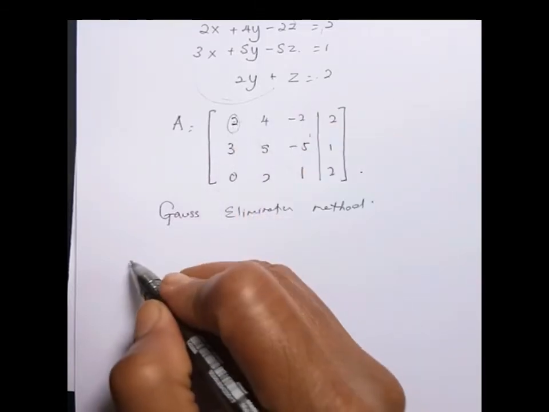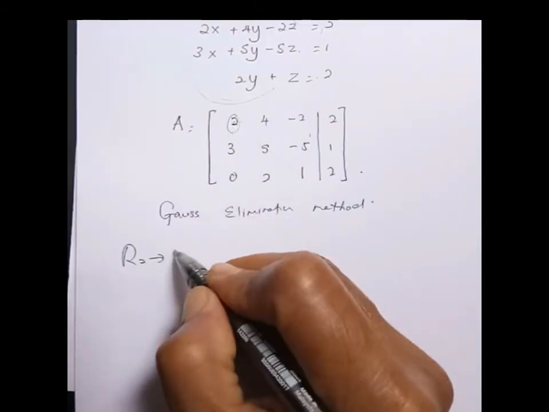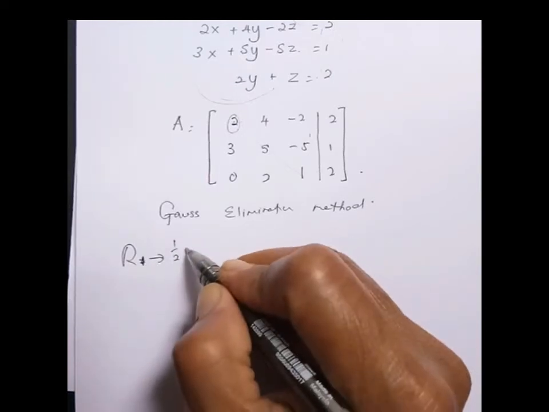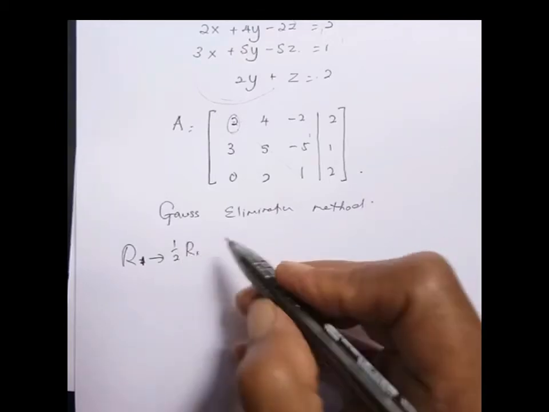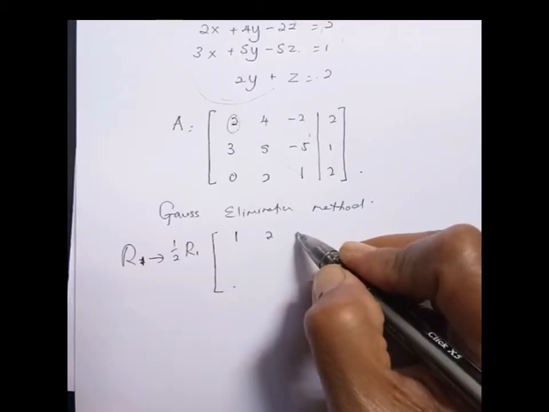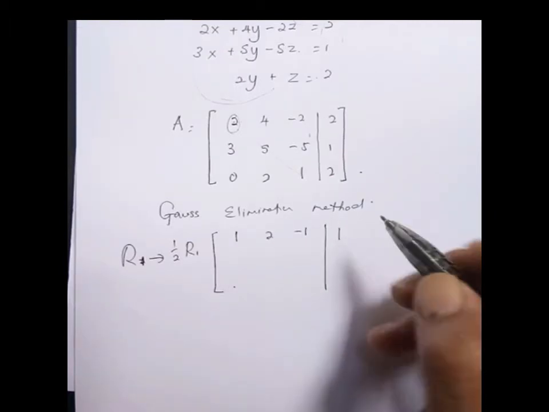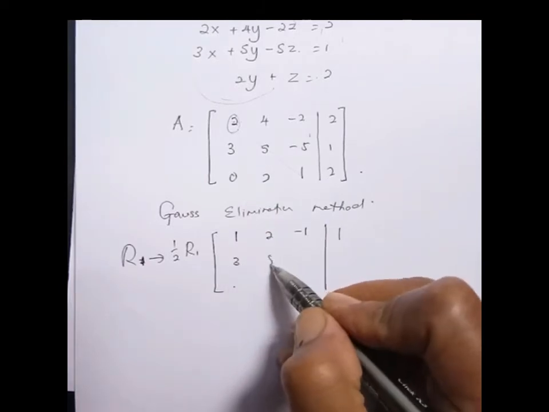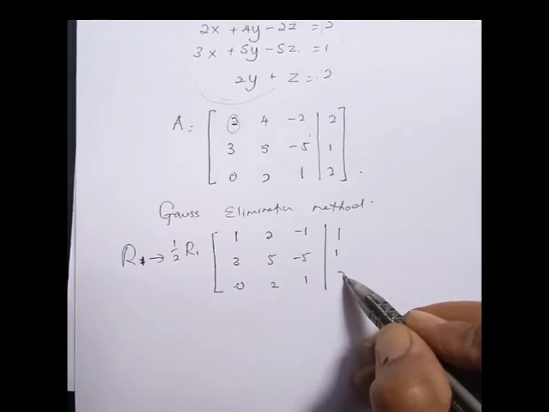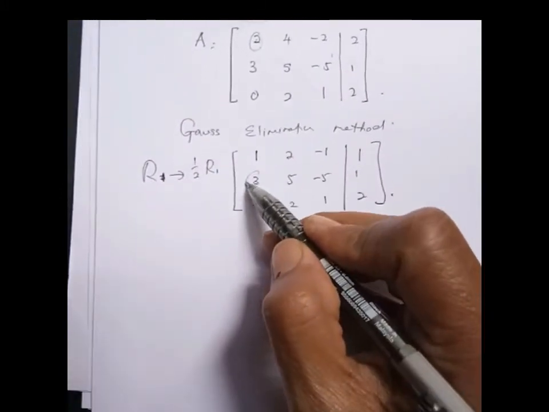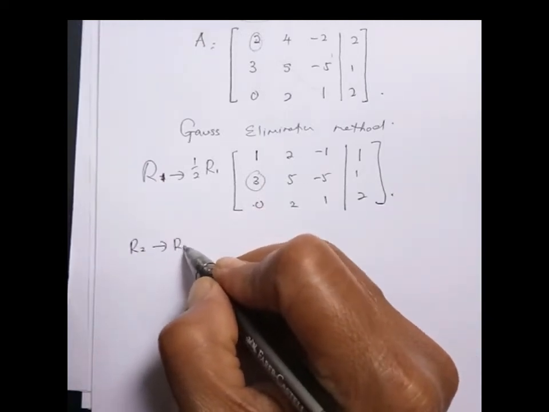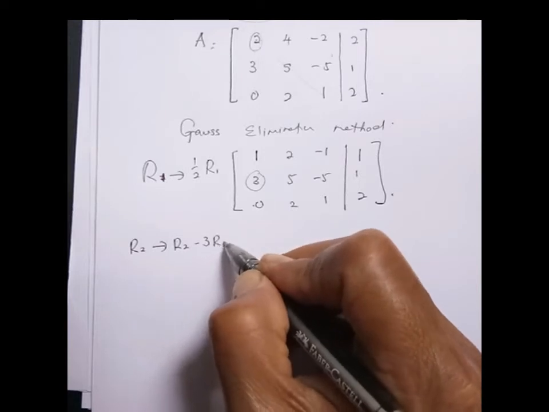Row 1 divided by 2 will become 1, 2, minus 1 and 1. Here is the same, 3, 5, minus 5, 1, 0, 2, 1 and 2. Next, the difference must be 0. So row 2 is row 2 minus 3 row 1.